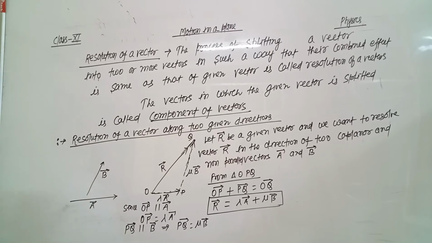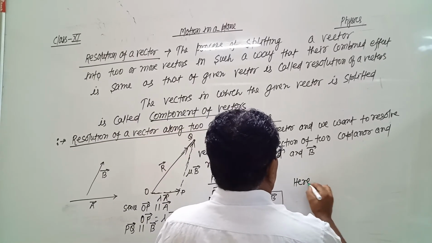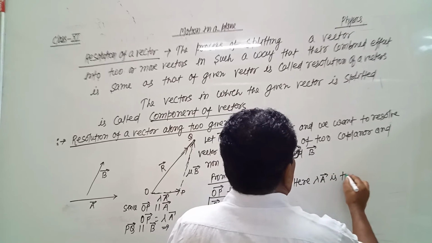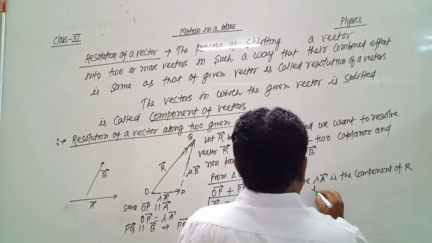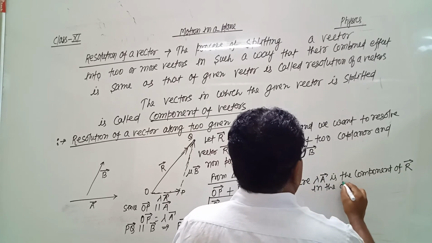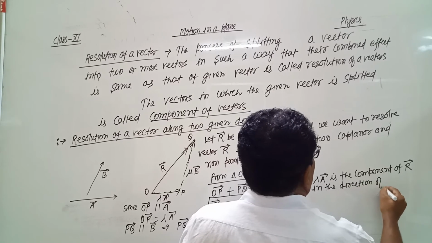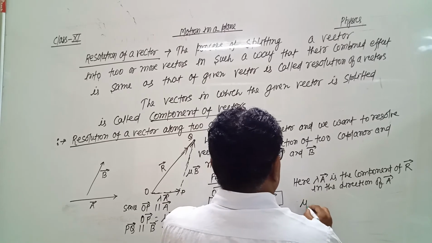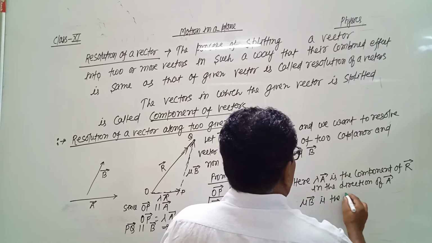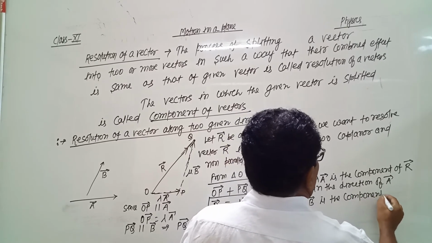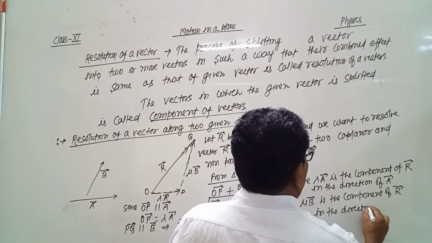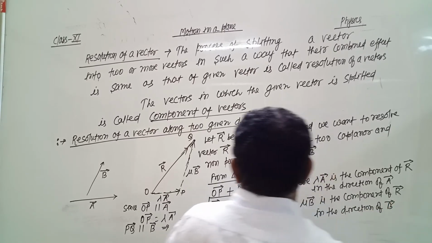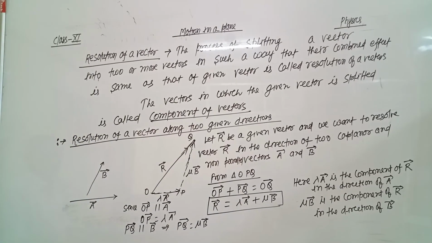So here lambda A is the component of vector R in the direction of vector A, and mu B is the component of vector R in the direction of vector B. So this is the way to resolve a given vector into its two constituent vectors.